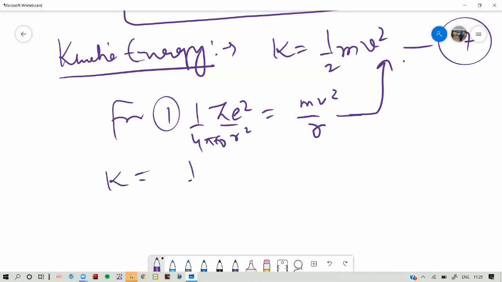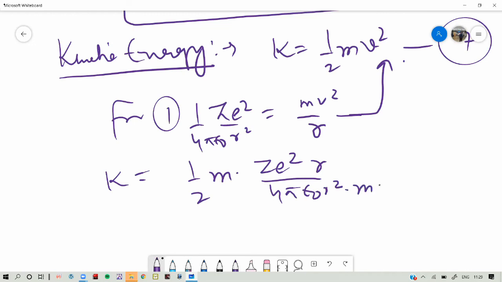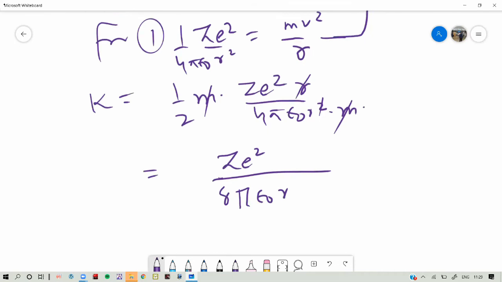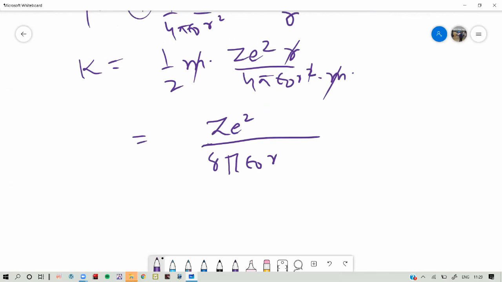So K is equal to half m v square, which is z e square r divided by 4 pi epsilon naught r square into m. m and m will cancel, one r will go, so K will be equal to z e square by 8 pi epsilon naught r. It is kinetic energy, so it will be positive. There is no need to write the minus.